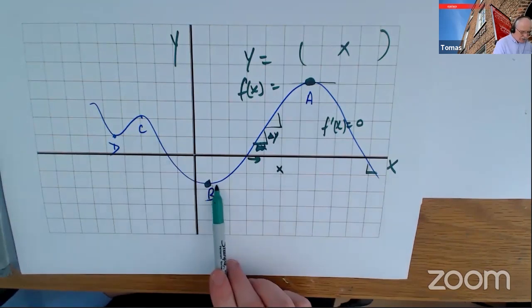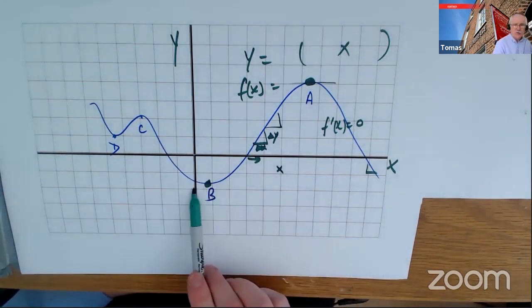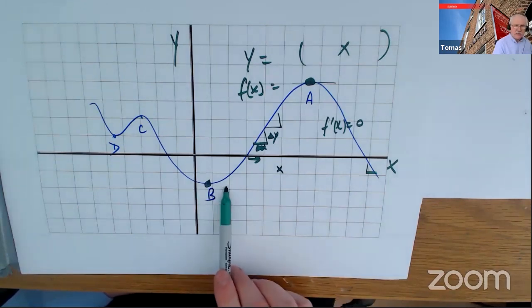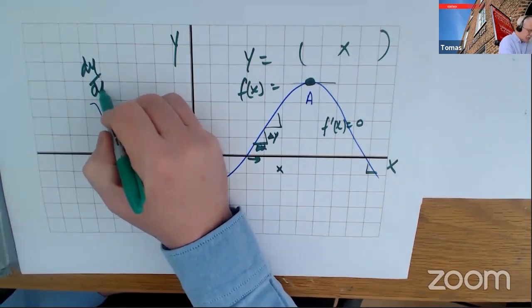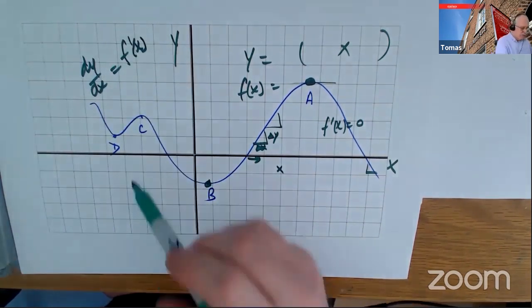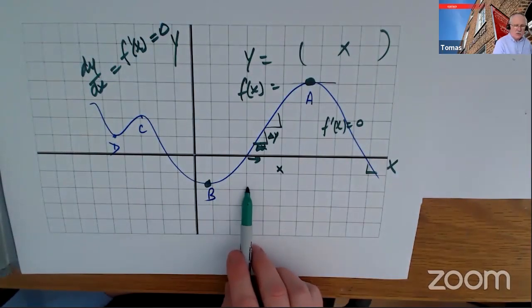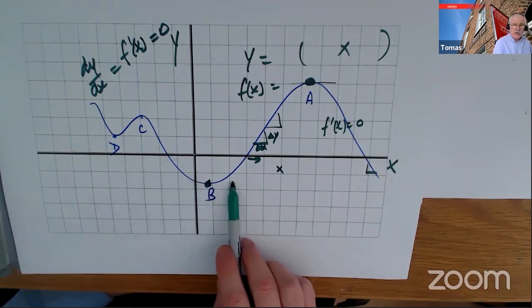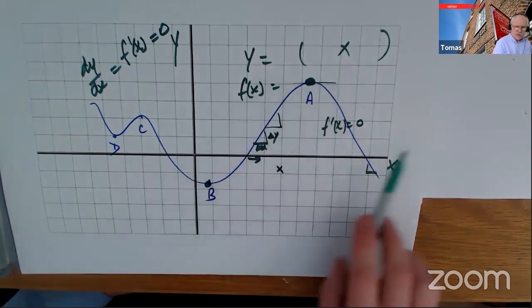Here I'm going down, here I'm going up. So there must be a magic point where I'm not going up or down. And that's where dy/dx is 0. And dy/dx is just another term for f dash x. So when it's 0, it means that I'm on the horizontal. I'm either no longer going down the valley, no longer going up the mountain. I'm just across the top.